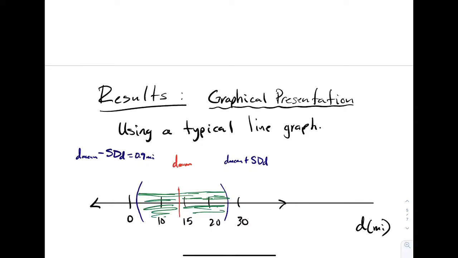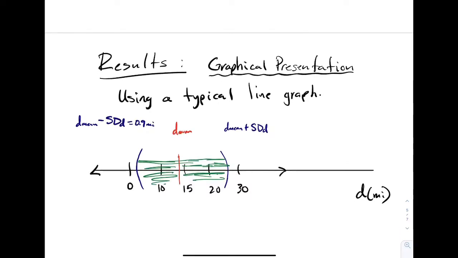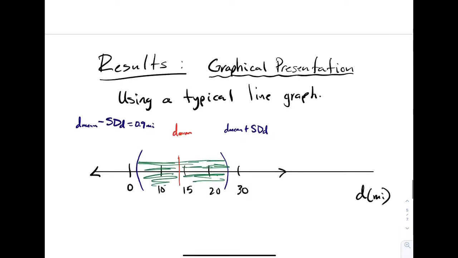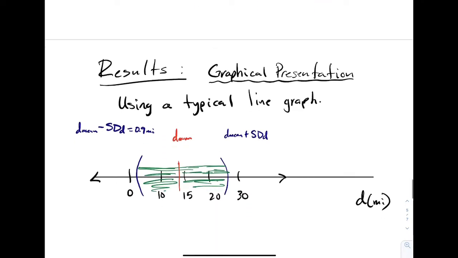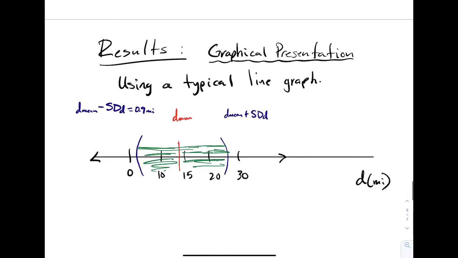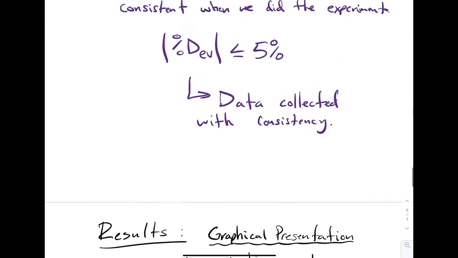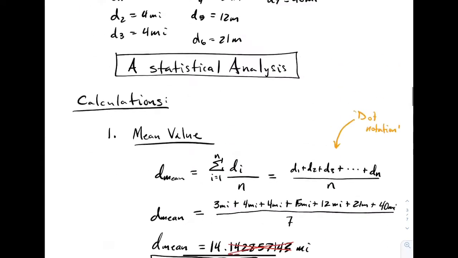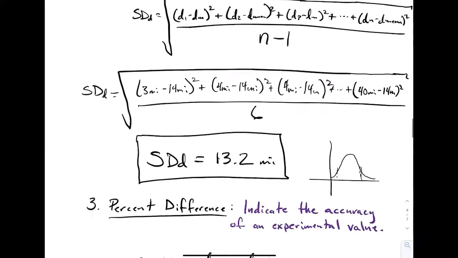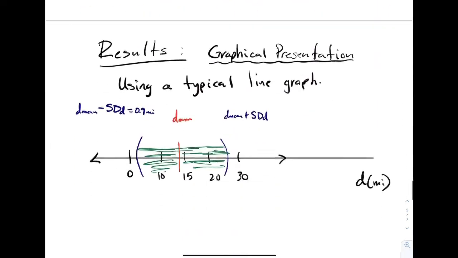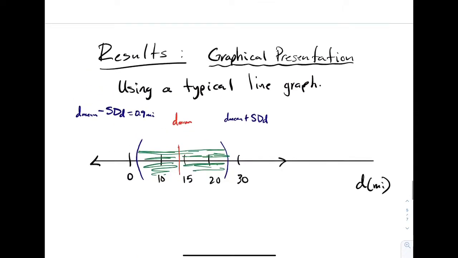And this shows the power of a statistical analysis: I would argue that this classifies the typical distance that any student would drive to OCC, any campus, and all I did was survey 7 people in the class. Normally I'd give an extra credit assignment with this, but I've worked the extra credit into the first lab. So we'll continue our results section.